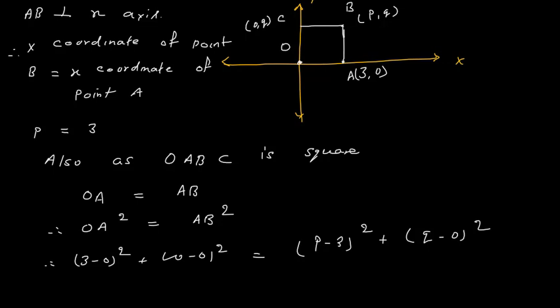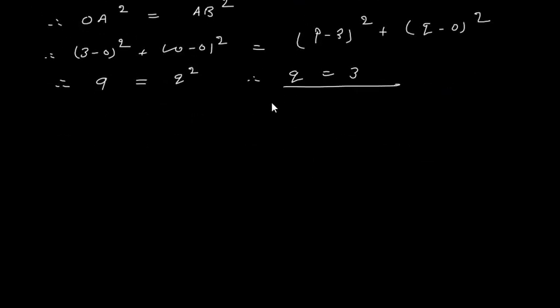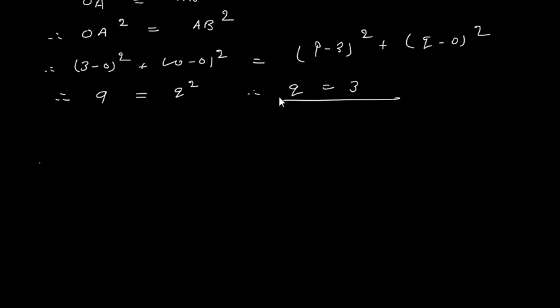Now here (3 minus 0) the whole square is 9, is equal to, here the value of P is 3, 3 minus 3 is 0, so here it is Q square. Therefore the value of Q is equal to 3. As we have P comma Q, this is nothing but 3 comma 3. Okay, so we get the value of P and Q.